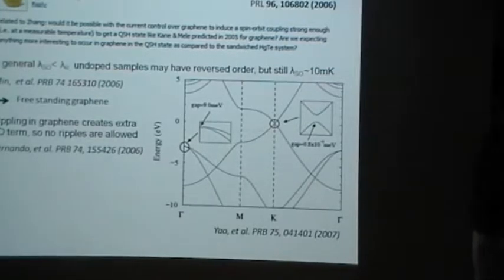To add to this, this picture may seem familiar because it popped up earlier today already in Jörg's lecture, regarding the spin orbit coupling in graphene, where it's relatively large at the gamma point, but at the relevant point for our experiment, it's rather small, which corresponds to this 10 millikelvin. This is, by the way, all three authors find roughly the same number.